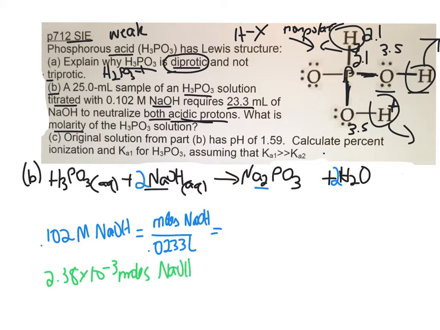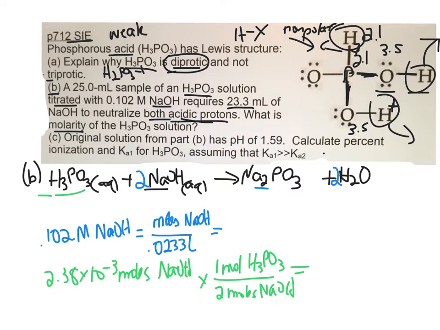of NaOH. Okay, now we can do a little stoichiometry. We know that for every 2 moles of NaOH that reacted, only 1 mole of H3PO3 reacted as well. And when you do that, remember, in a titration, it's not about molarity at all.